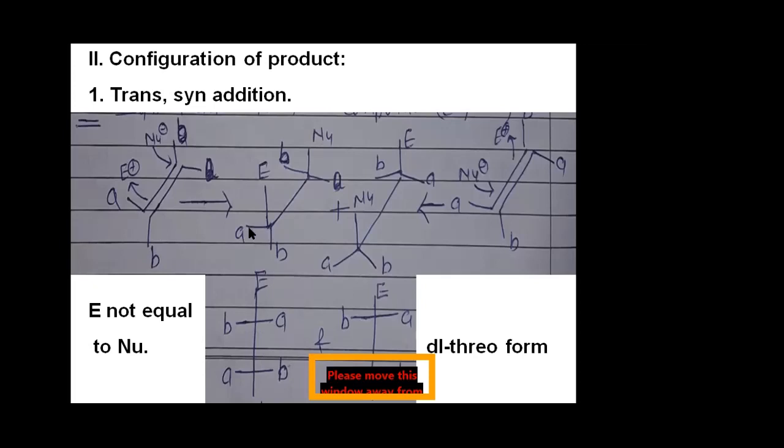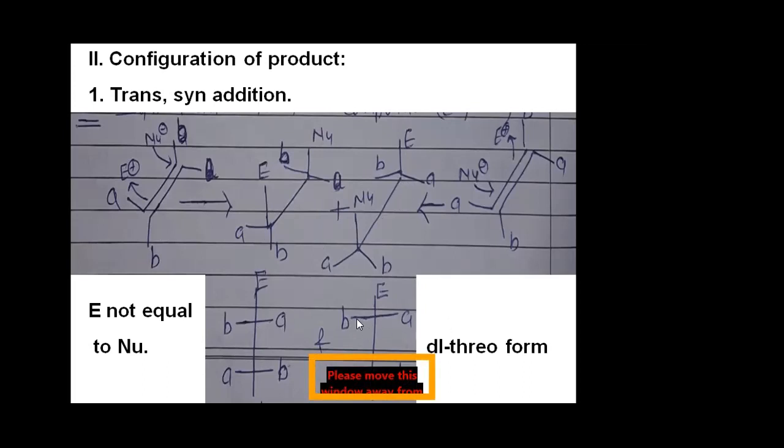After that you can see A on the left hand side and B on the right hand side. So very simple. Now if you think about this, E on the upper side and Nu on the bottom side, then B is on the left hand side and A on the right hand side.